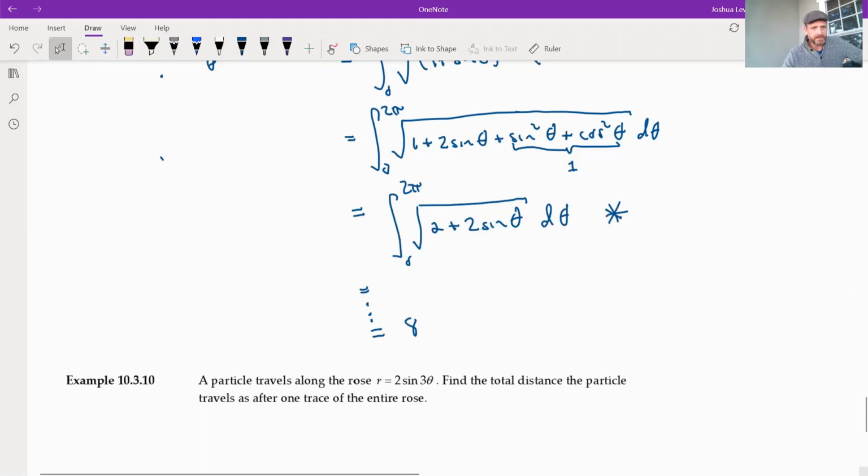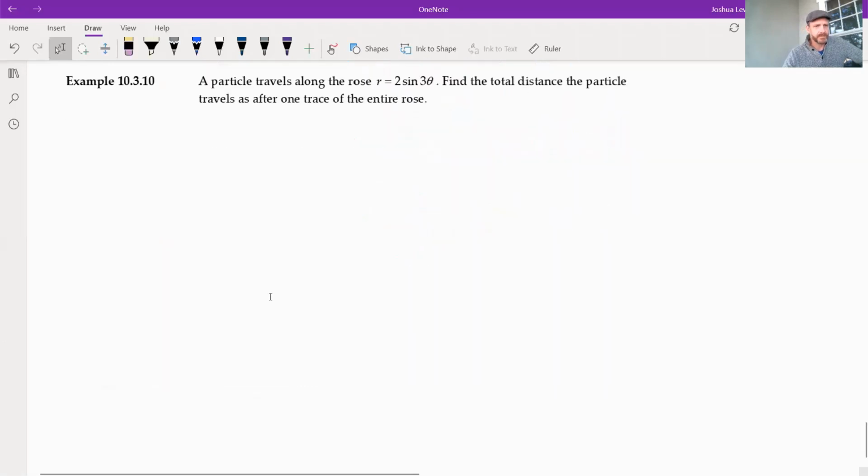Okay, the last problem here I want you guys to think about, and I'm going to actually start our time together on Tuesday with this problem. I want you to come in having thought about what this is, because this is a rose, and you might think about how many petals it has.